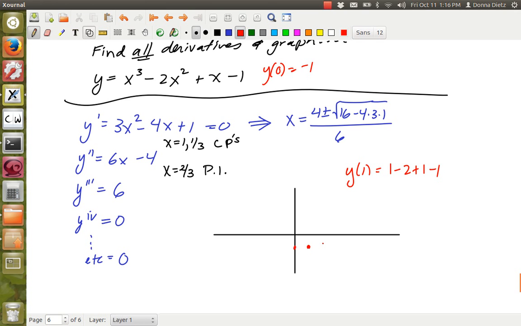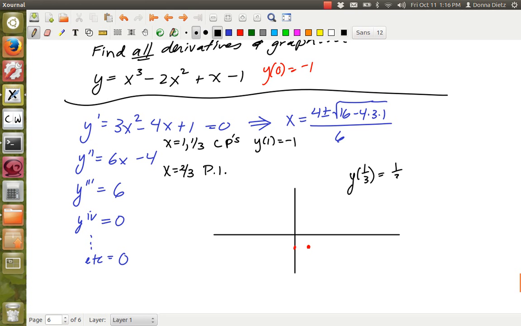Okay. What about y at 1/3? But where am I going to write this information? Let's see. I'm having a hard time figuring out how to lay this out on the page, and I know that you guys have the same problem too. y of 1 is equal to -1. There we go. Let's calculate y of 1/3.